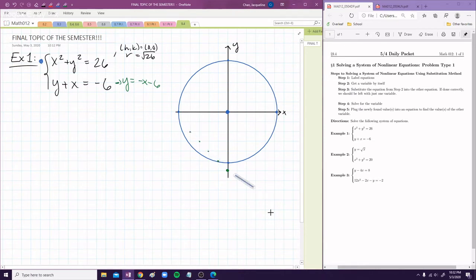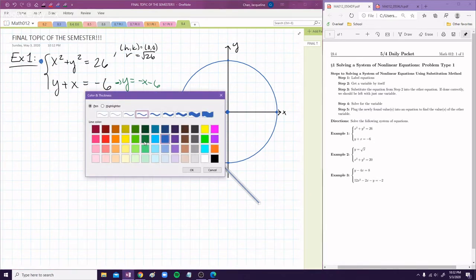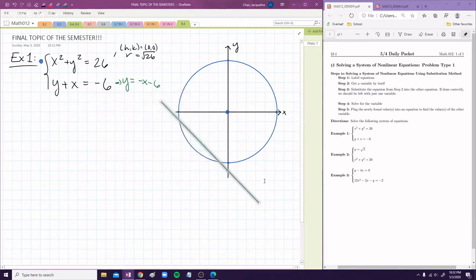Oh my goodness, okay, let me restart that. And then let me extend it. And then let's turn this green so we know that this is the second graph. And then there's arrows because this goes infinitely long.